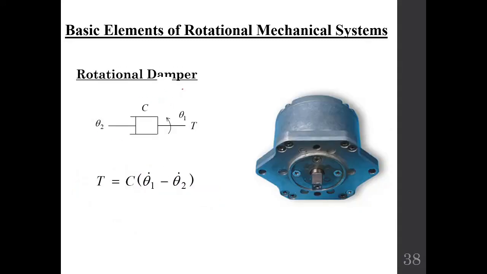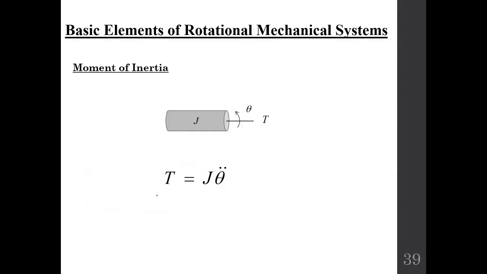Similarly, if we have a rotational damper, then again we use the torque, which equals C, the frictional coefficient, multiplied by (theta 1 dot minus theta 2 dot). This represents the derivatives of theta 1 and theta 2, the dots.